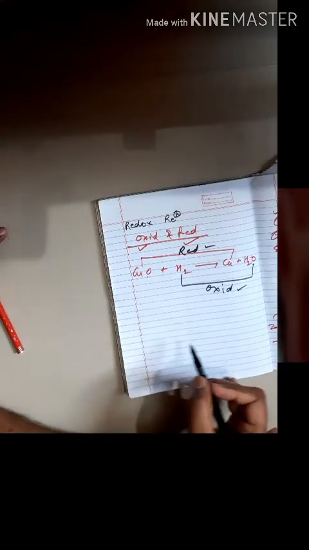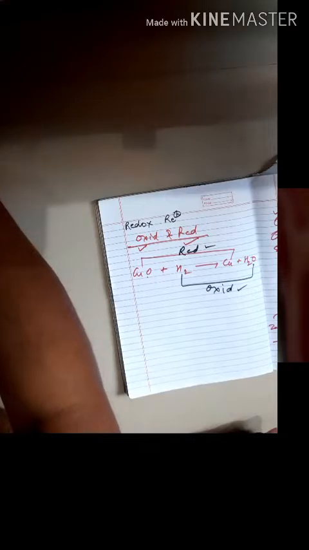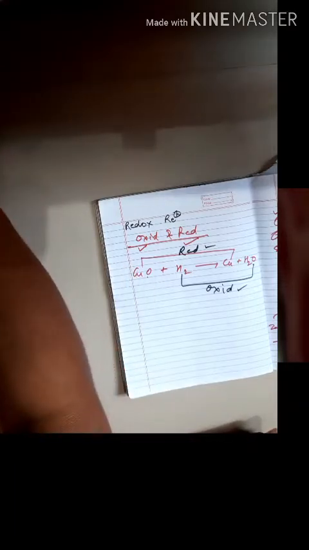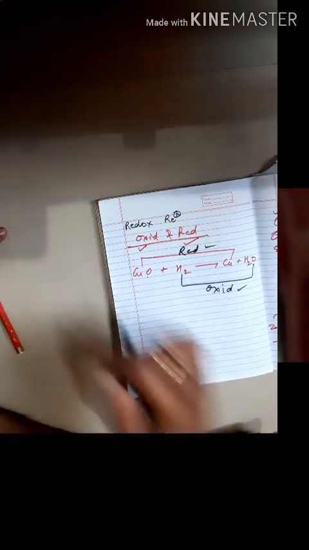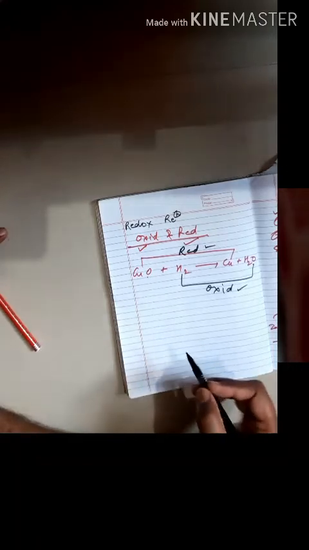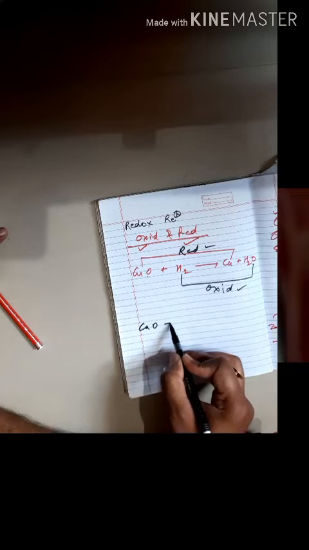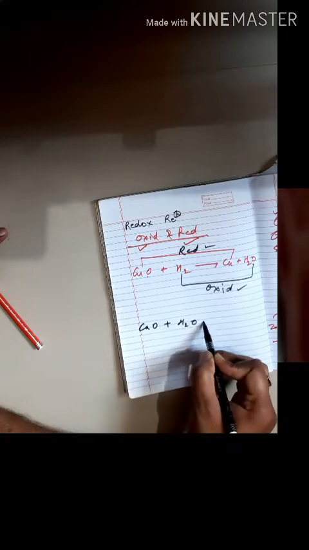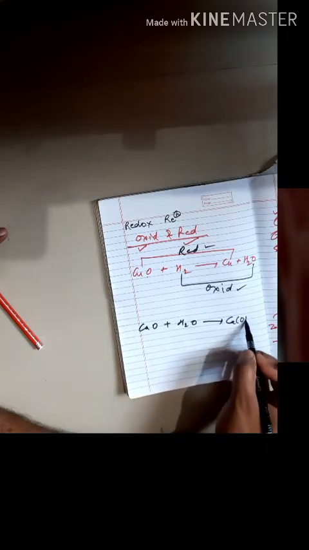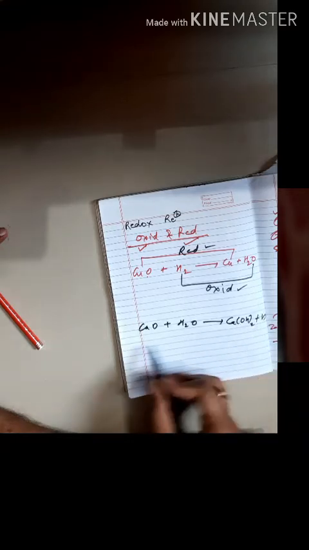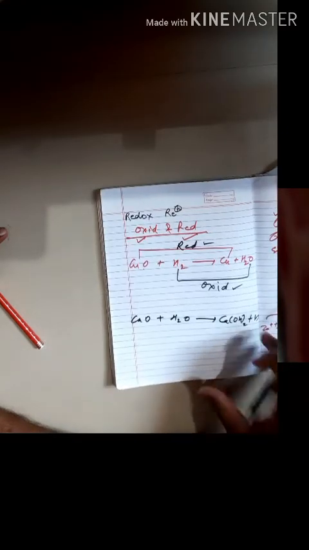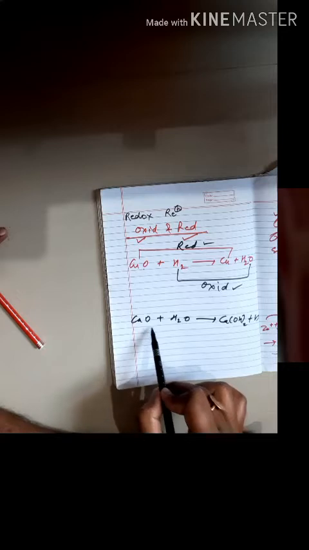You take one another example, students. There are many examples. CaO plus H2O gives rise to Ca(OH)2 plus heat. So students, this is also an example.